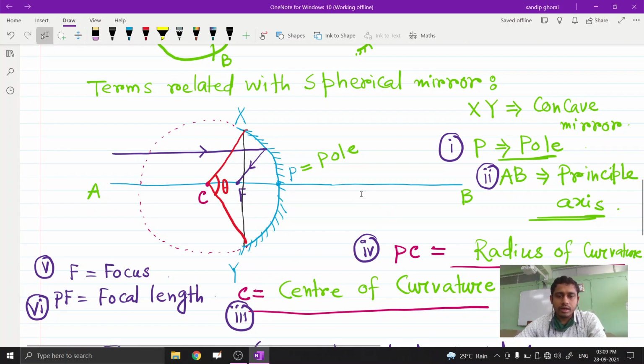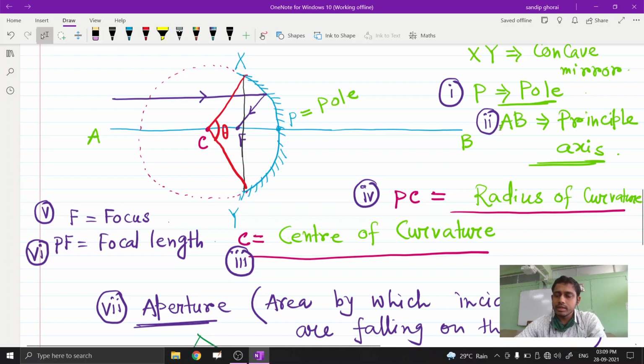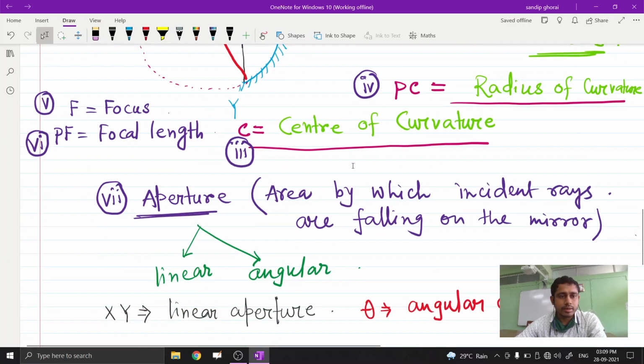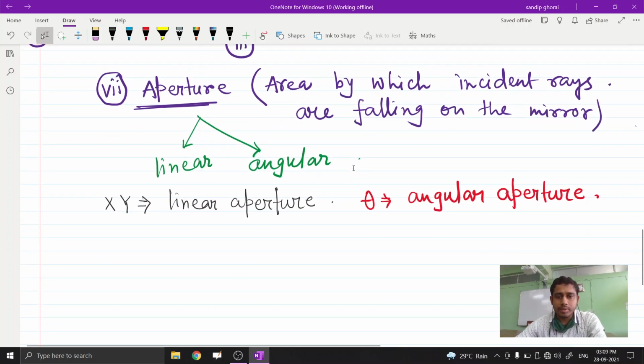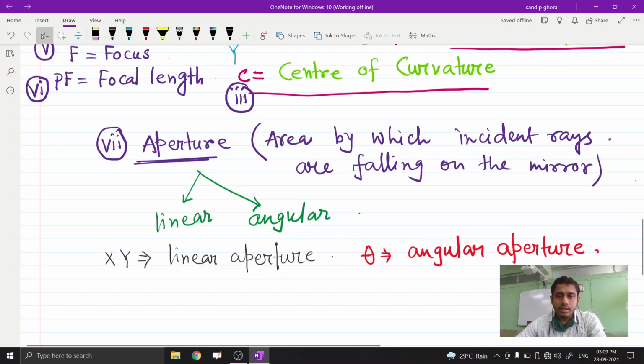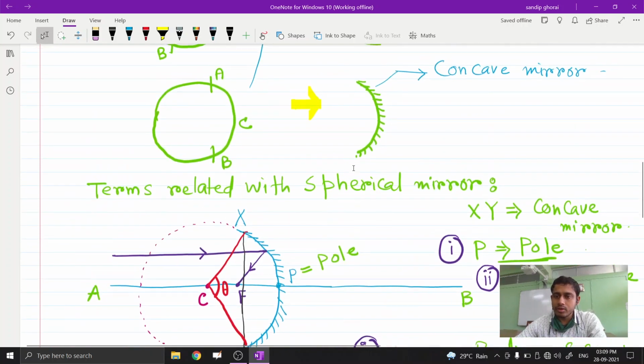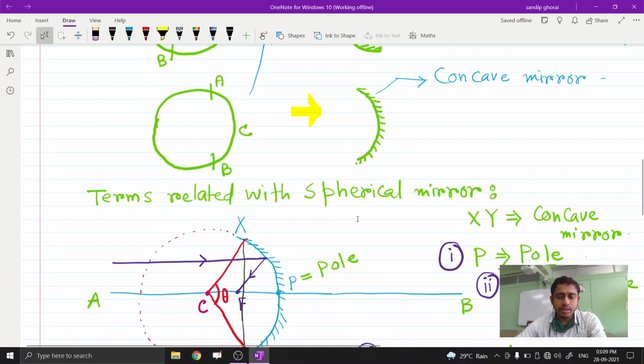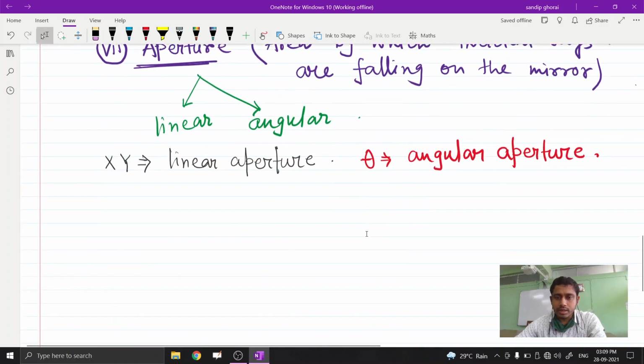Basically, I took a concave mirror here. If we take a convex mirror, then there is also pole, principal axis, radius of curvature, center of curvature, focus, focal length, and aperture. But for a convex mirror, the definition of focus changes.